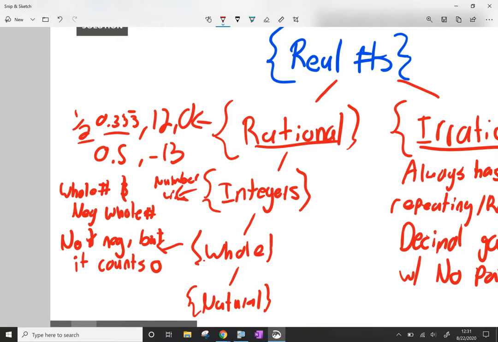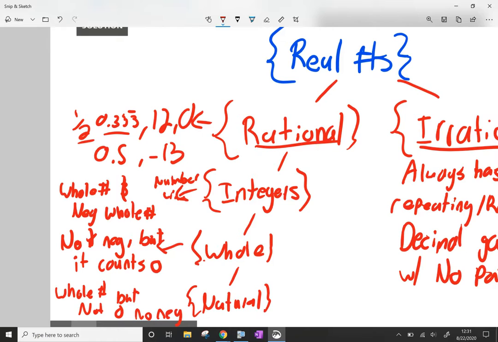You know what those are, but not negatives. But it does count 0. Natural numbers are the exact same thing as whole numbers, except the only difference is natural numbers don't count 0. So whole numbers, but not 0, and again no negatives as well.